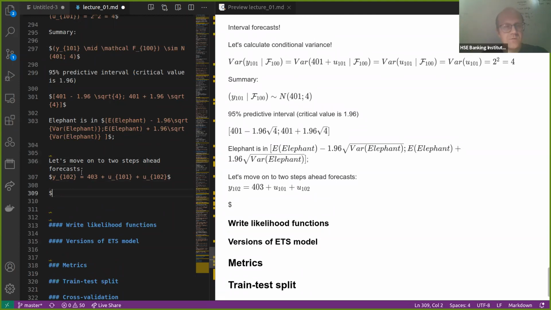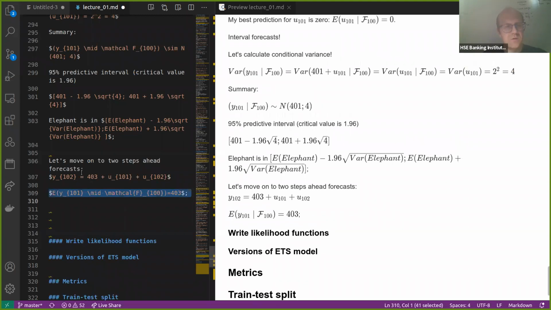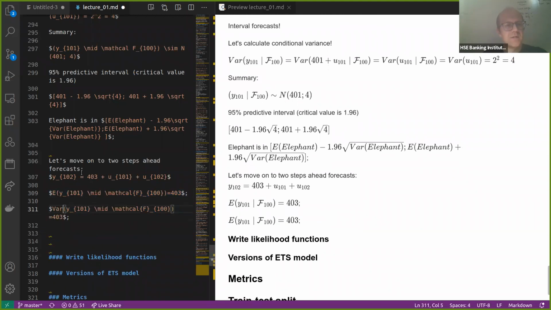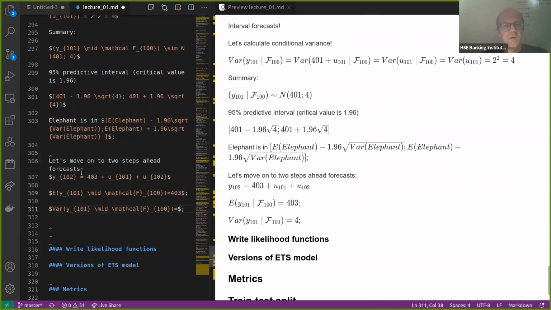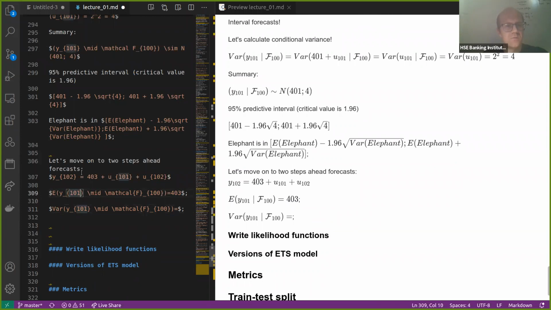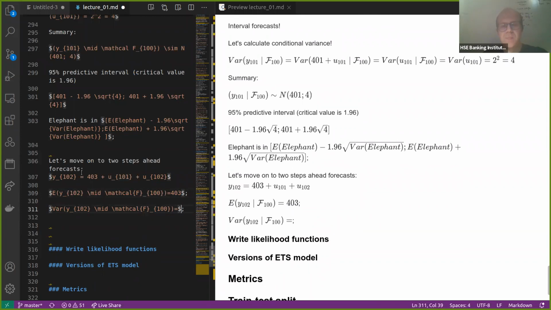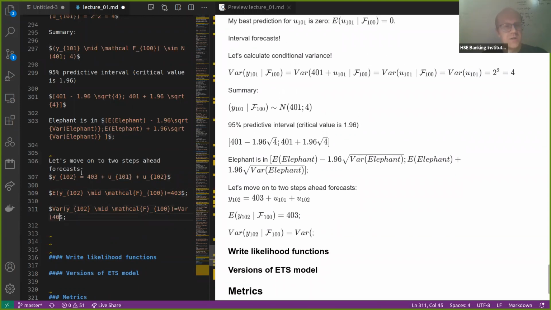And now we observe that the expected value of Y102 given my available information is just 403. And by the same logic, I see that the variance of Y102 is just the variance of 403.